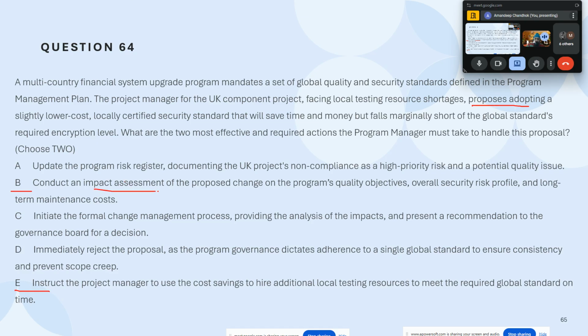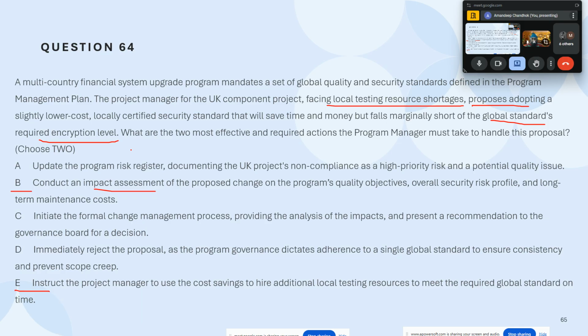Correct. And the relation between B and C is that you first conduct an impact assessment and then you initiate a formal change management process. So what exactly are you changing? We all agreed that we cannot change the standard. Now we are initiating a formal change management process, providing analysis of impact, and so on and so forth.